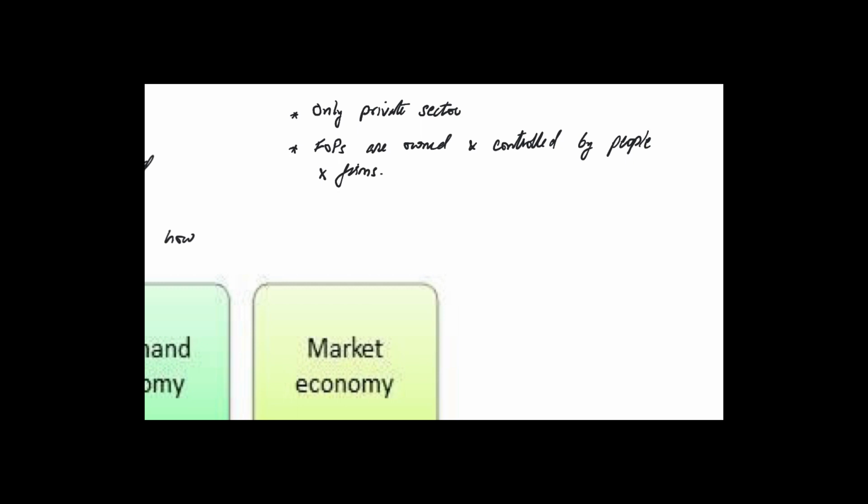It's owned by them. How do they make decisions? They use price mechanism. Price mechanism means that they rely on the forces of demand and supply.